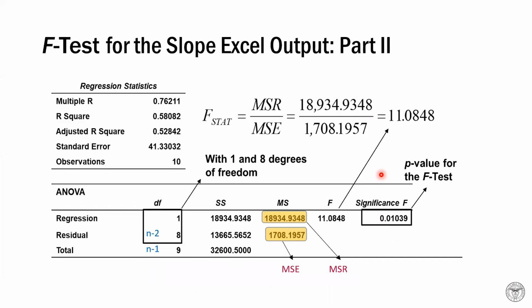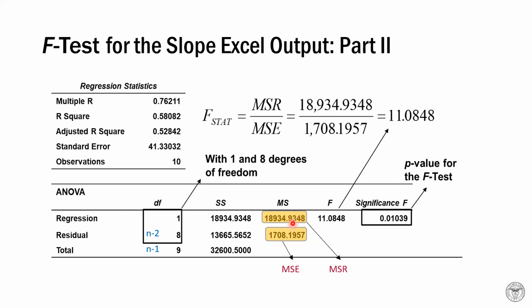Based on the Excel output, we can obtain the MSR and MSE values from the second table, which are 18,934 and 1,708, respectively.